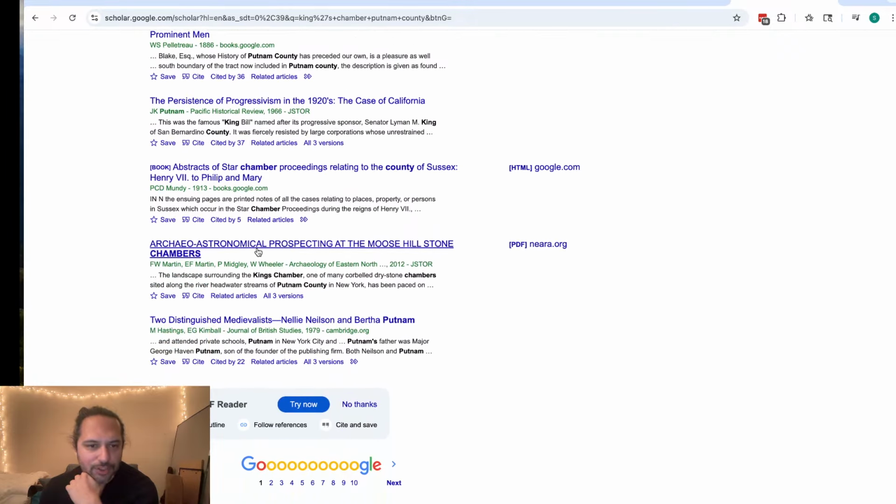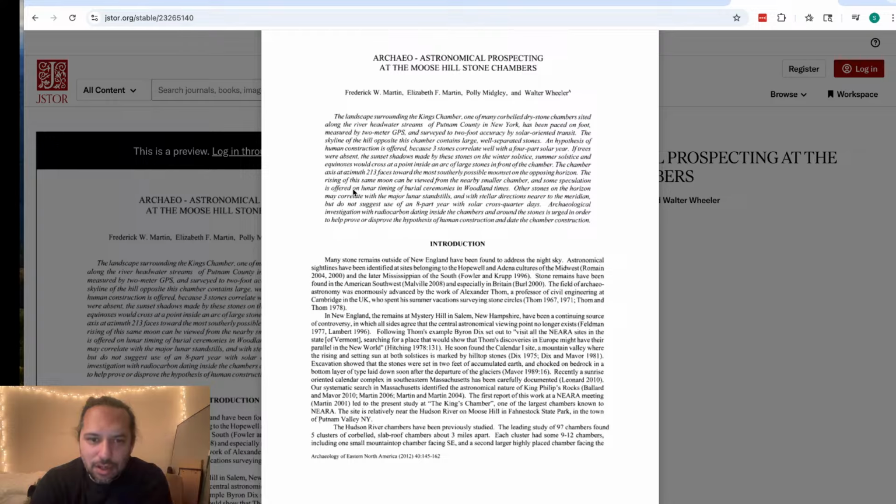Archaeoastronomical prospecting at the Moose Hill Stone Chambers. The landscape surrounding the King's Chamber, one of many corbelled dry stone chambers sited along the river headwater streams of Putnam County in New York, has been paced on foot, measured by 2 meter GPS, and surveyed to 2-foot accuracy by solar-oriented transit.